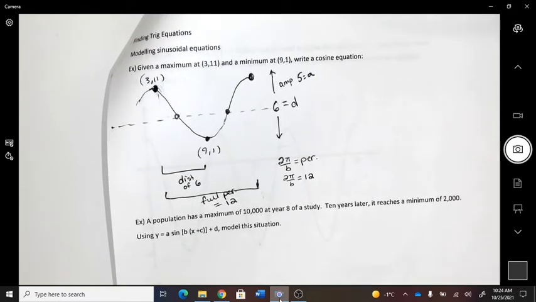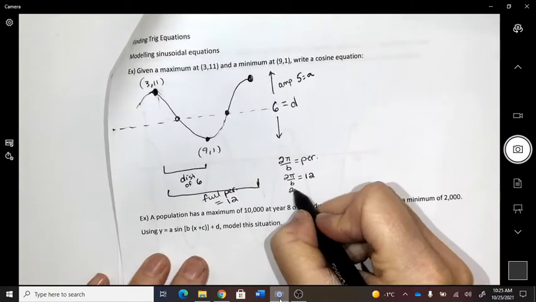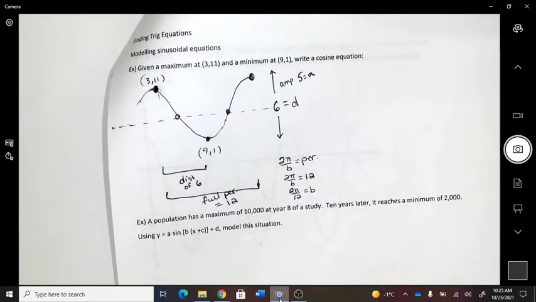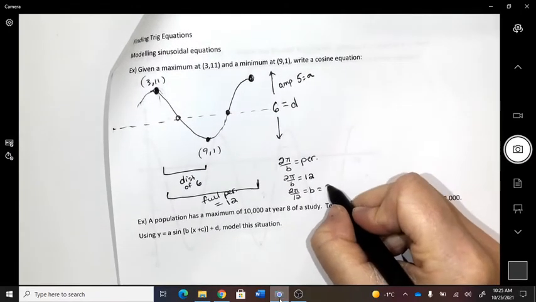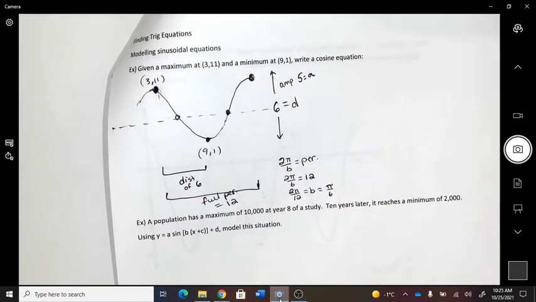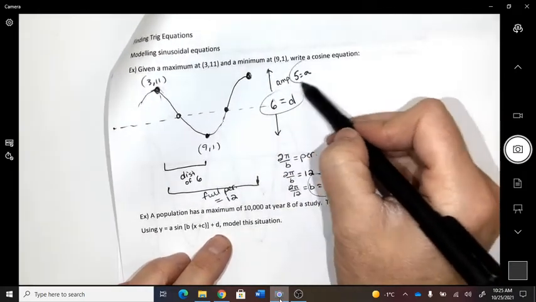In a cross-multiplying sense of solving for b, are you okay to understand I could switch the b and the 12? That's like a cross-multiply. So I'm going to switch the b and the 12, and I'm just going to reduce that because the 2 and the 12 I could divide by 2. Okay, we have a b, we have a d, we have an a.